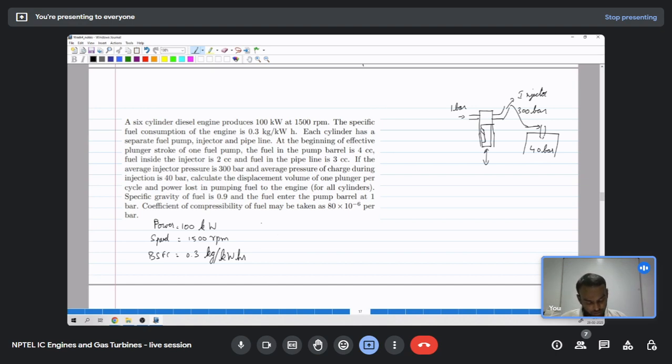So that means brake energy is power by speed.